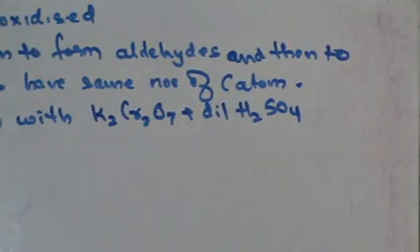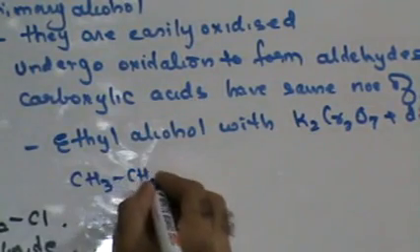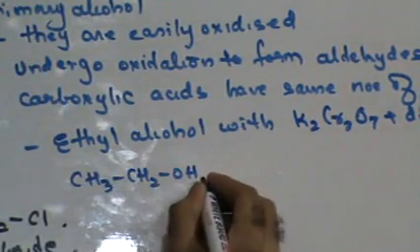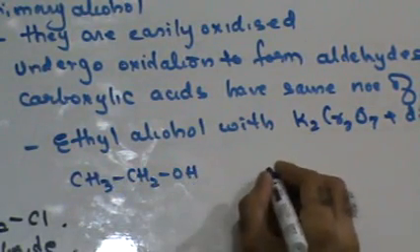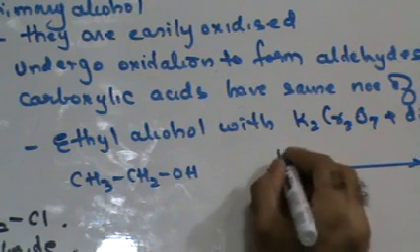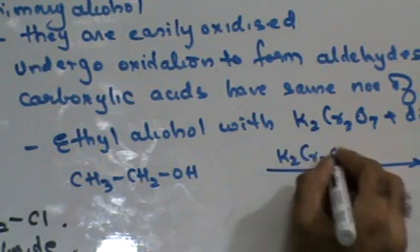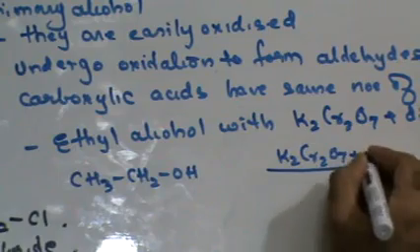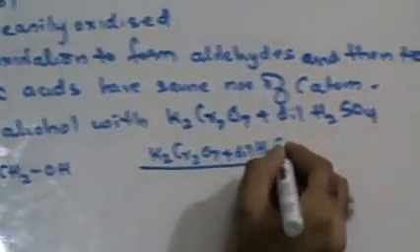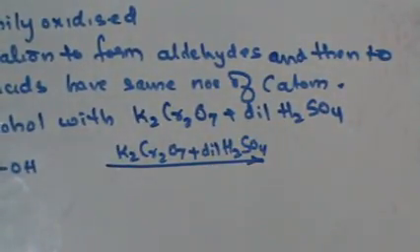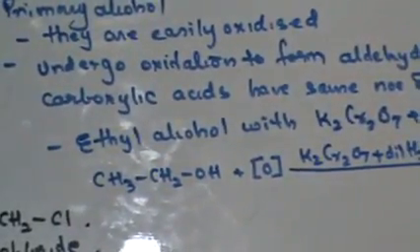Right? Now, ethyl alcohol CH3CH2OH reacts with potassium dichromate K2Cr2O7 plus dilute sulfuric acid. When potassium dichromate reacts with dilute sulfuric acid, you get nascent oxygen, right?